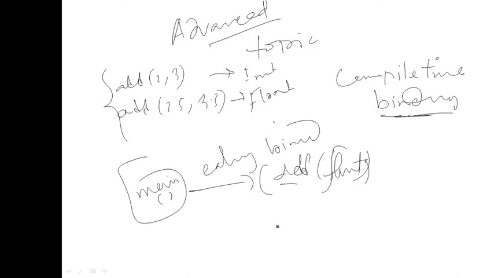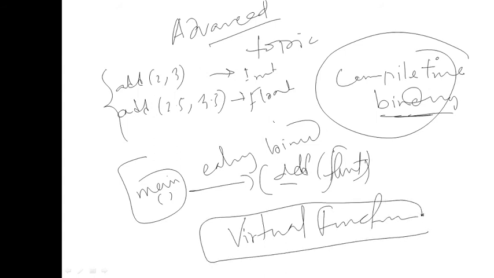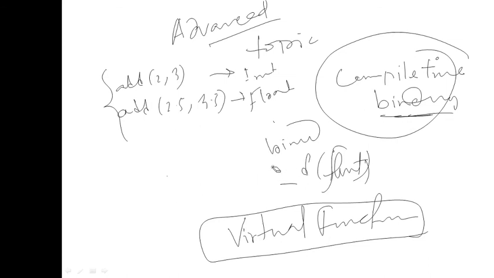But suppose there is a condition where at the time of compilation you don't know which version to select. This is another concept, which we call the virtual function concept. It comes under runtime polymorphism. So one is called compile time polymorphism, another is called runtime polymorphism.